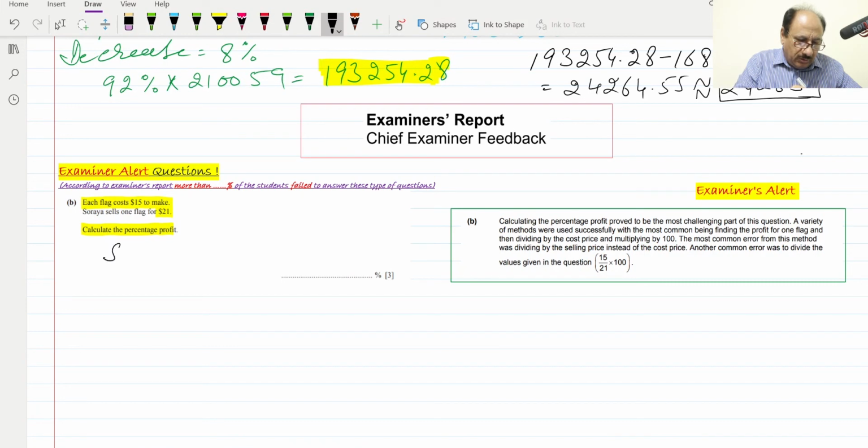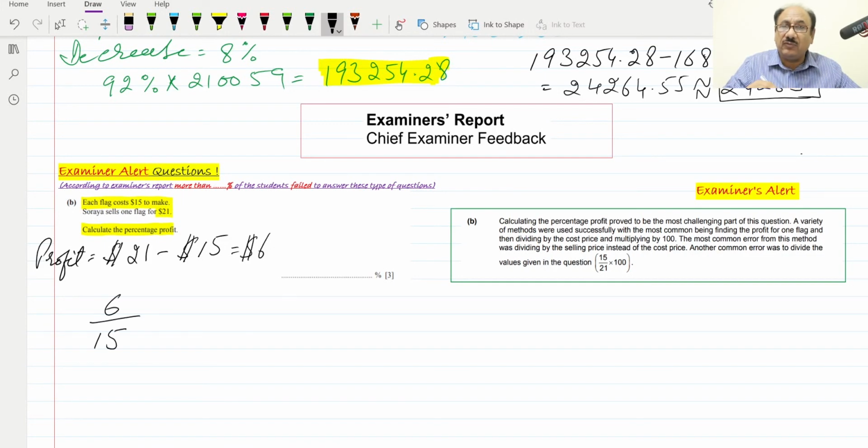So profit will be $21 selling price minus the cost price, which is $15. Now $6 will be the profit.